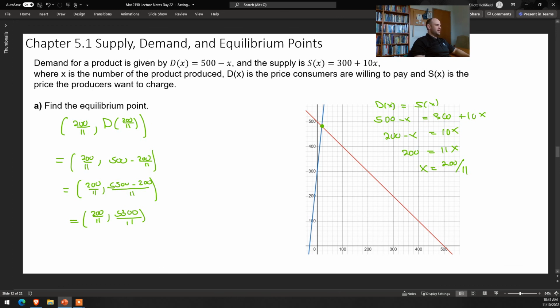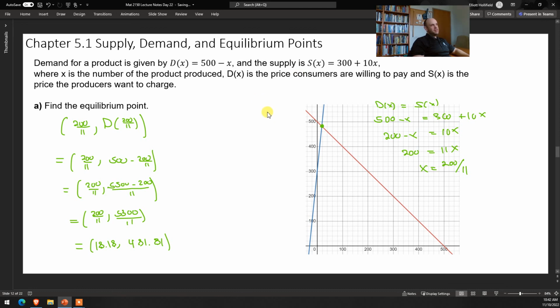And now we can get decimals for both of those. 200 divided by 11 is 18.18. 5,300 divided by 11 is 481.81. Interesting symmetry there: 18, 81, 81.